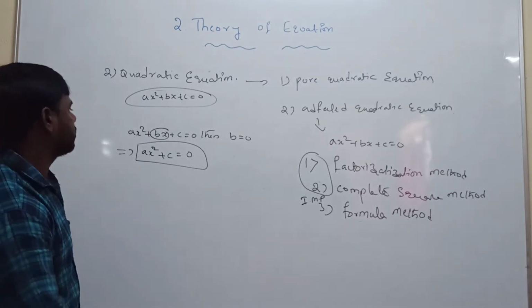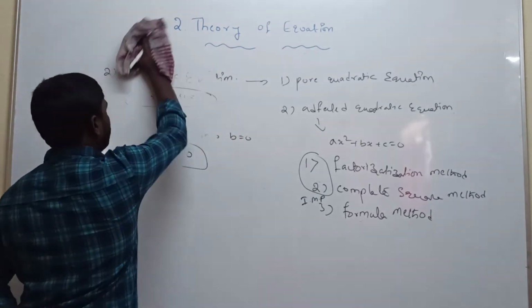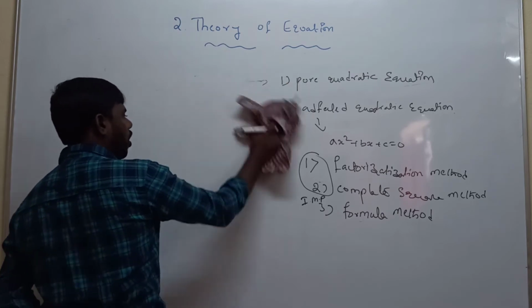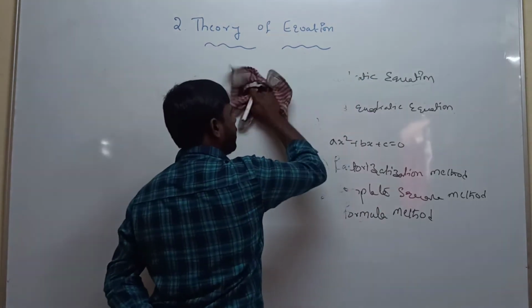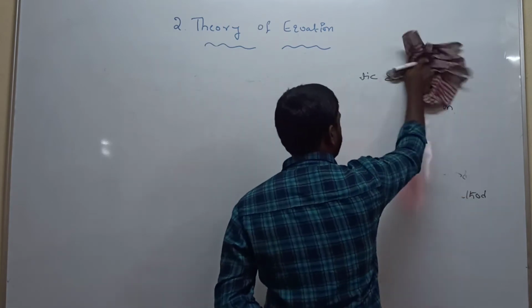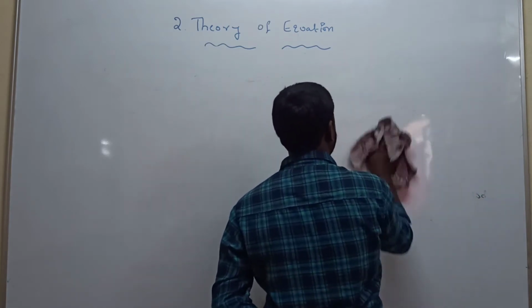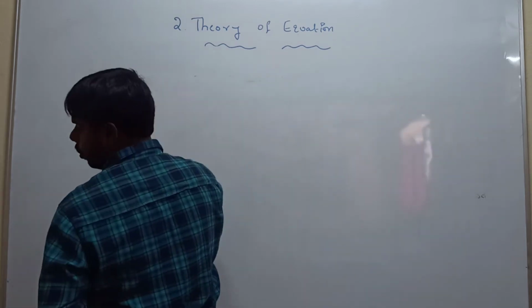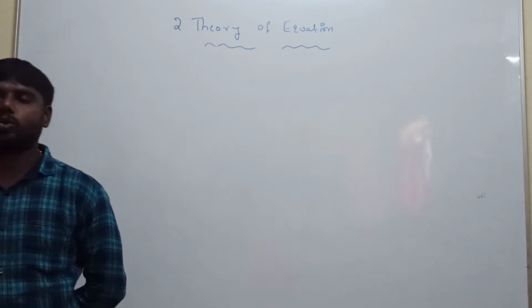So now discuss the problems. Everyone understood? So what is the definition of the polynomial equation? An expression of the form a0 x to the power of n plus a1 x to the power of n minus 1 plus up to an is equal to 0, where a0, a1, a2 up to an are called constants.